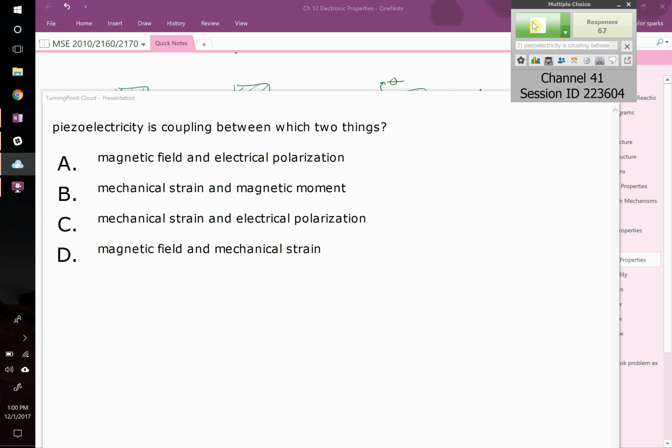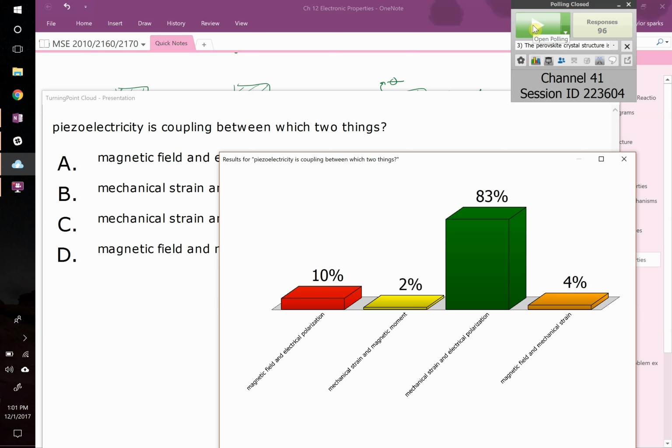Okay, clickers in. Wrap this one up. Definitely it is mechanical strain with electrical polarization.